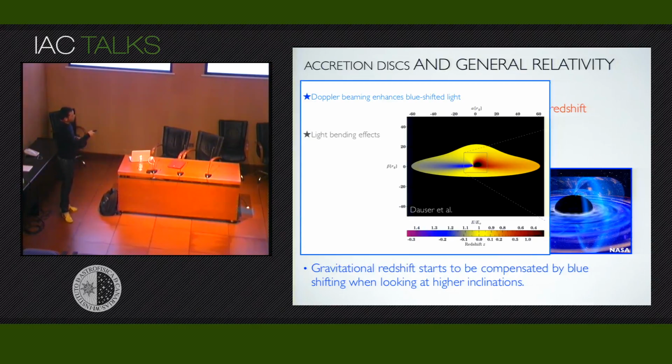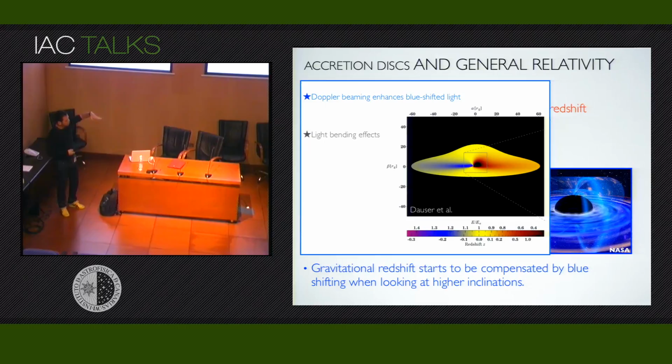However, matter in this area is moving at half of the speed of light, and for that reason, we are having here Doppler beaming. Doppler beaming means that light tends to be emitted in the direction of motion. So we are seeing much more light coming from this part of the disk because of the Doppler beaming than light coming from this part of the disk.